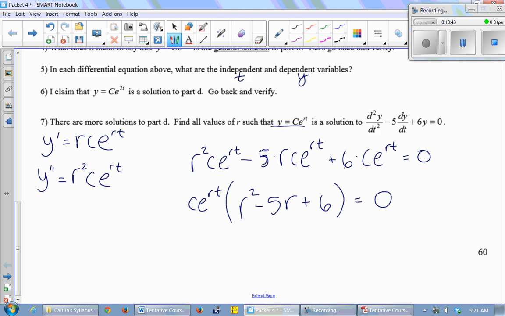And c e to the rt is an exponential function. No matter what you plug in for t or r, that will always be positive, never 0. So I could divide both sides by it, right? The only reason we usually don't divide things by variables is because that variable might be 0. But when you know it can never be 0, you can divide by it.